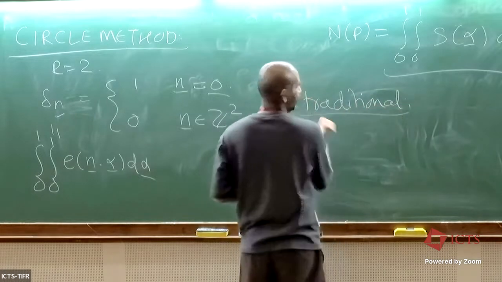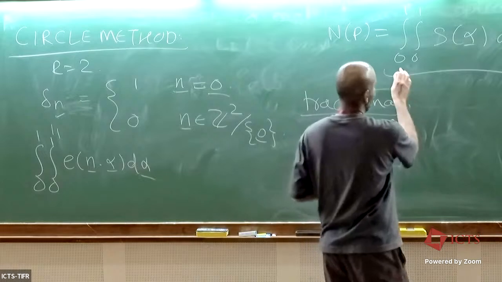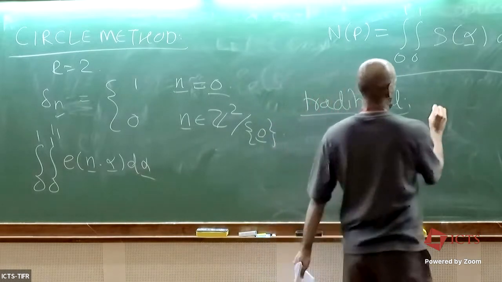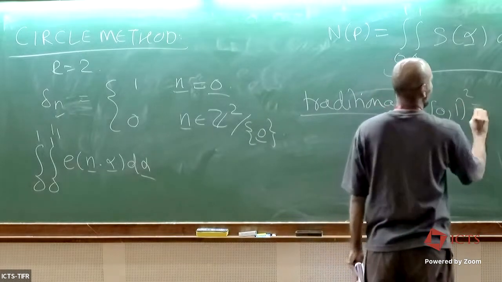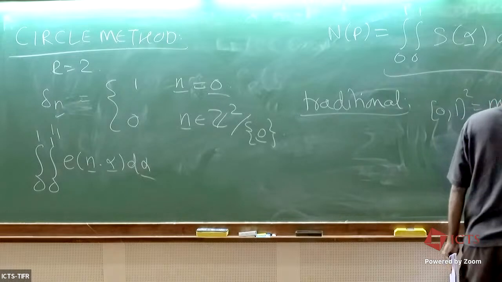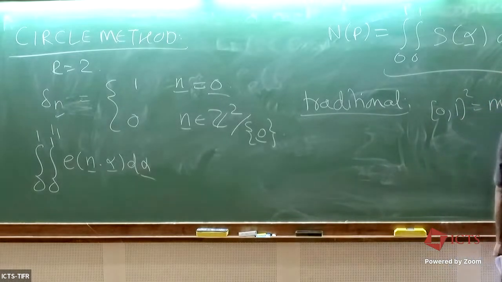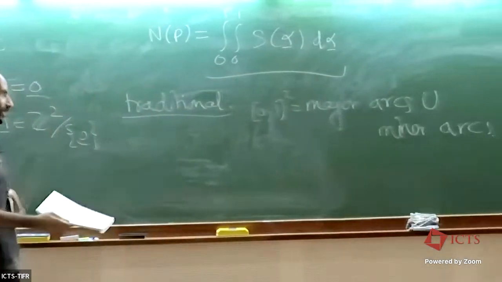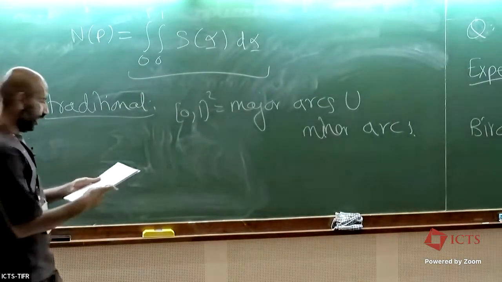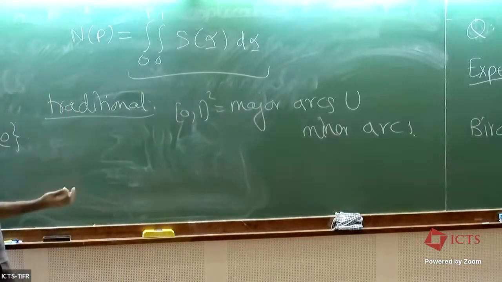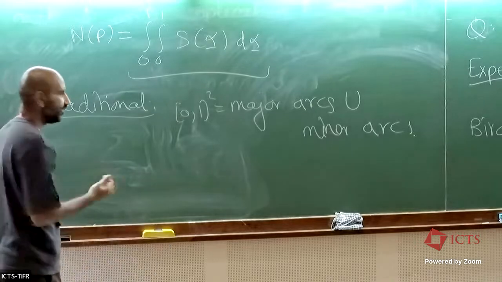Traditionally, what one does is you have this unit square, [0,1] squared. You write it as a union of major arcs and minor arcs, where major arcs are everything that is well approximated by rationals of low denominator. For major arcs, you have an asymptotic formula even if the number of variables is small.